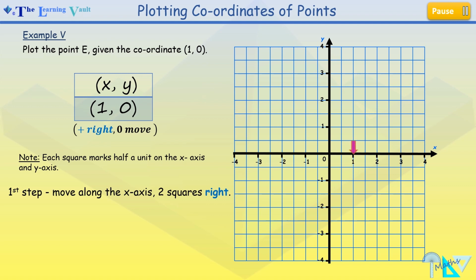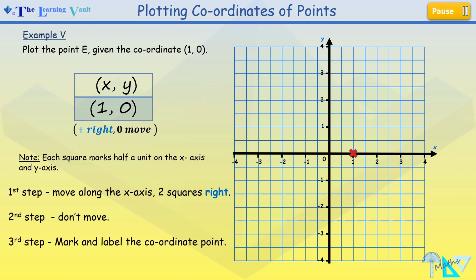Second step, since we're still on the x-axis where our y values are 0, no further movement is required. Therefore, the third step is to mark and label the coordinate point.